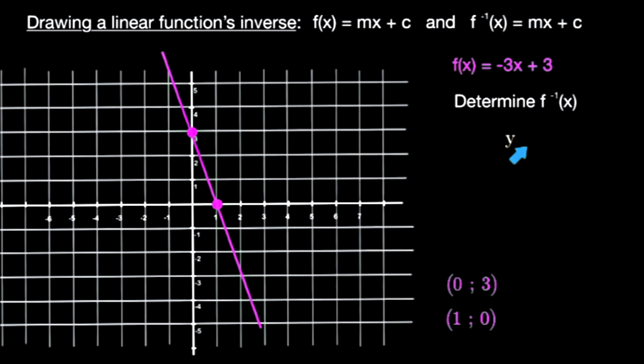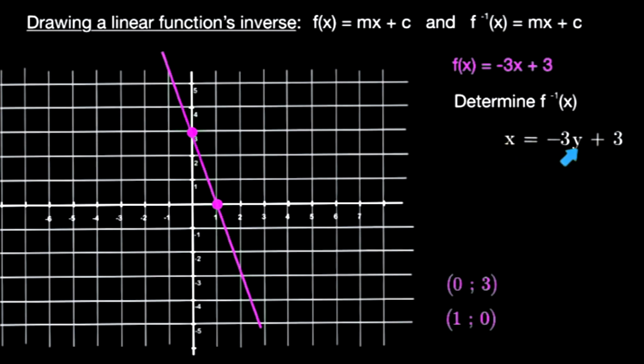So y = -3x + 3. This was our original function. Now pay careful attention. To get the inverse, we're simply going to swap the x and y around. So where we have an x, I'm going to write a y, and where I had the y, I'm simply going to write an x. And it's really that simple.